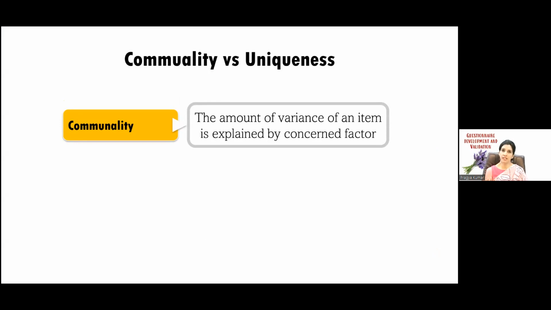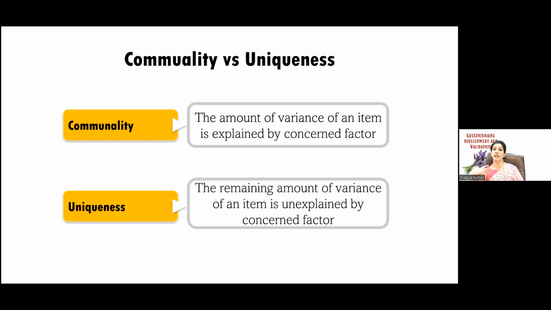I will repeat it many times in the output also when I show you Jamovi. So communality is the amount of variance of an item which is explained by the concerned factor or construct, and uniqueness is the remaining amount of variance in an item which is unexplained by the concerned factor. Okay.